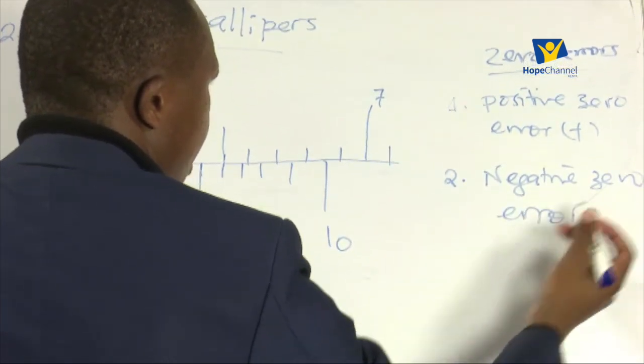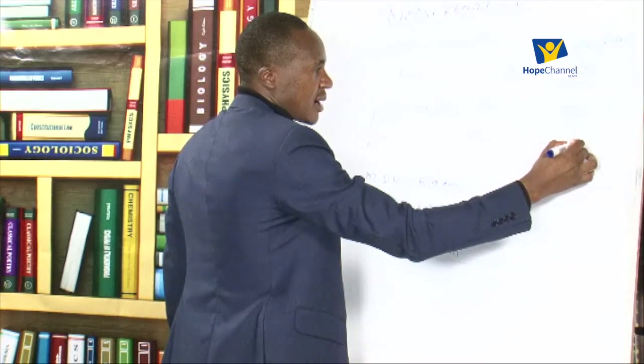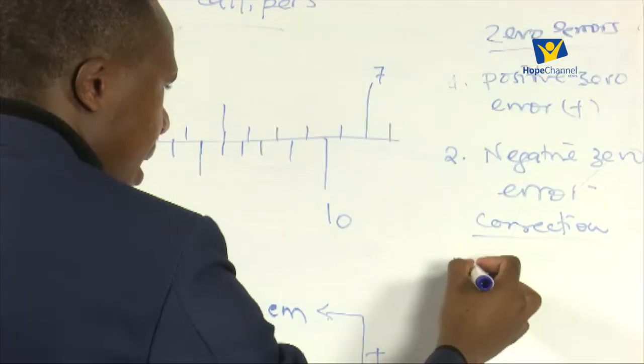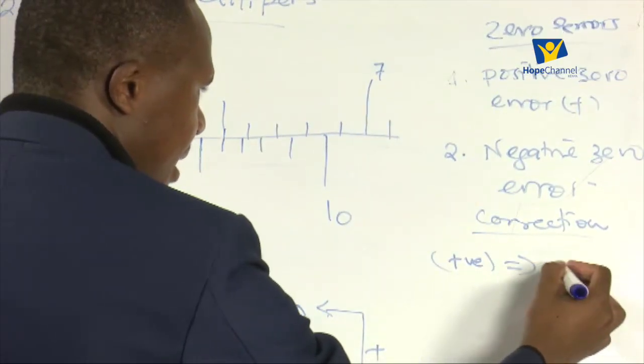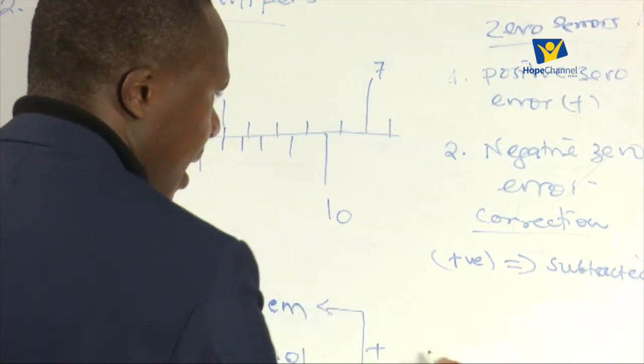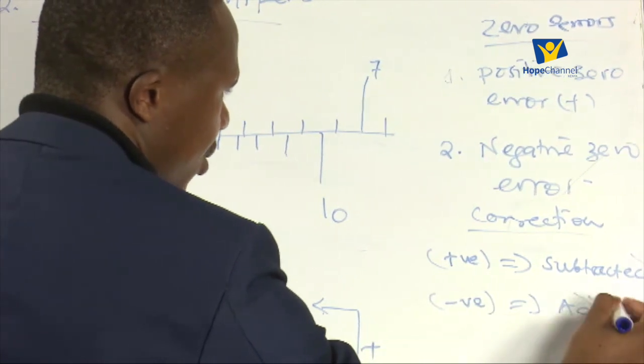Now, how do we treat these errors? Number one, the positive zero errors are subtracted, just like for the micrometer screw gauge we discussed, and the negative zero errors are added to the readings that we have obtained.